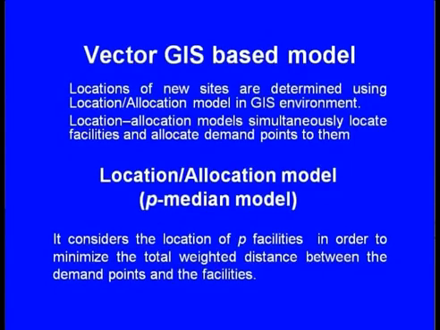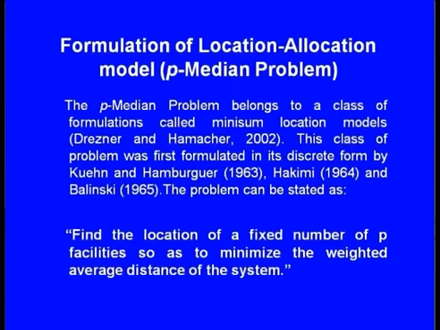The vector based model tries to take into account the locations of the new sites to be determined using the location allocation model. The location allocation model which has been taken is the P median model, and based on this the formulation has been carried out.